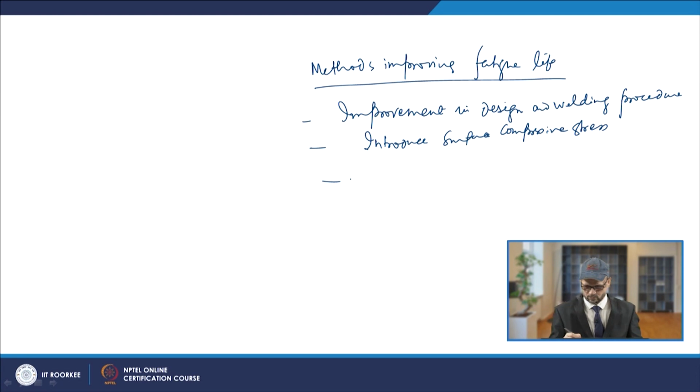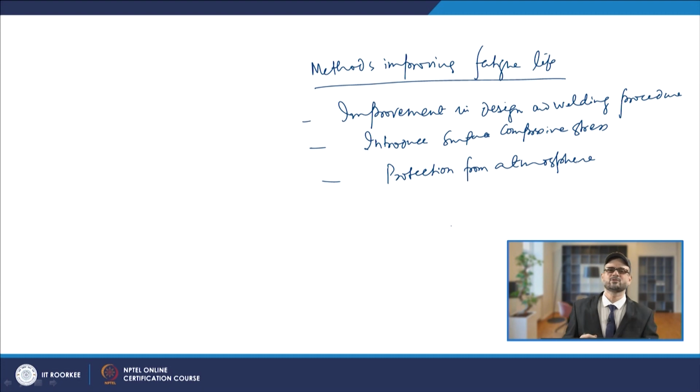Then you have also protection from the atmosphere. As we have studied, many times a corrosive environment will create the start of fatigue failure. So you can have an atmosphere free from corrosive environment, and in those cases you have a better fatigue life.